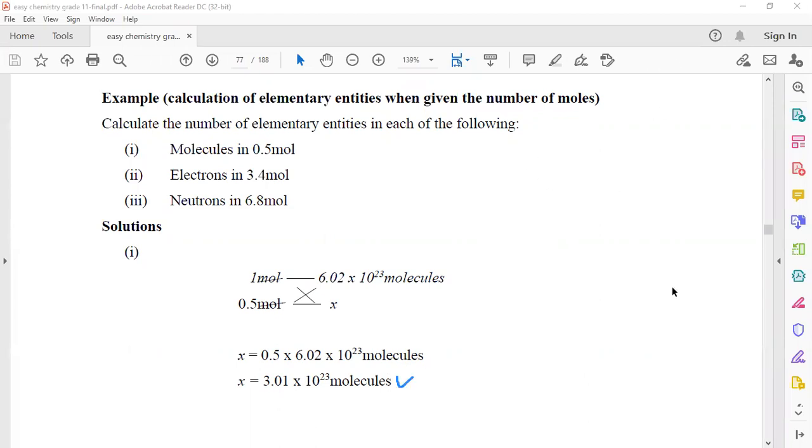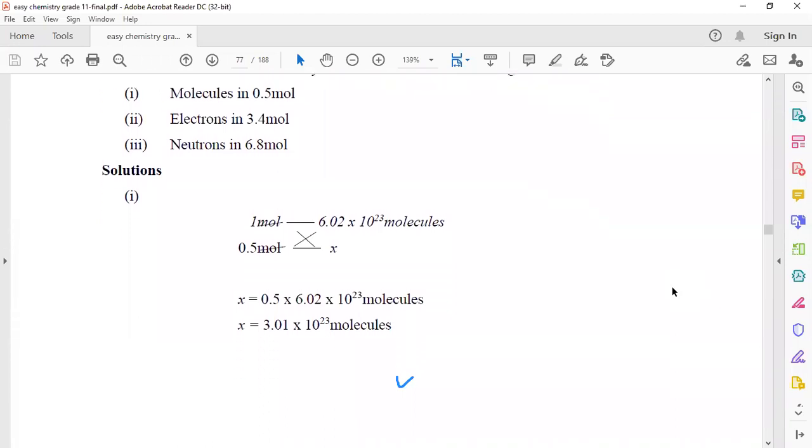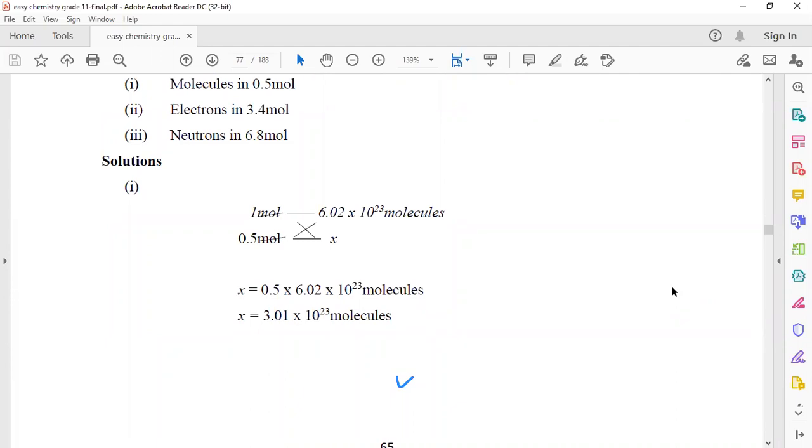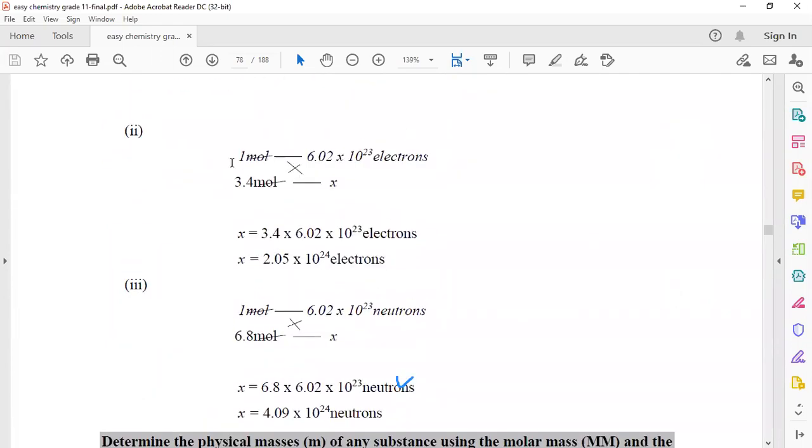We are looking for the number of electrons that can be found in 3.4 moles. So the first thing is the relationship. So 1 mole is equivalent to that. What about 3.4?